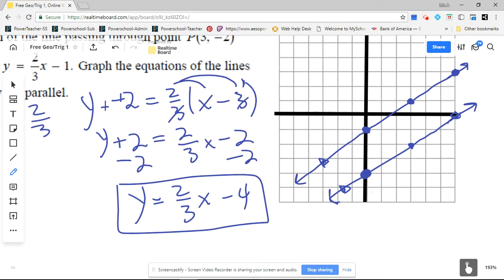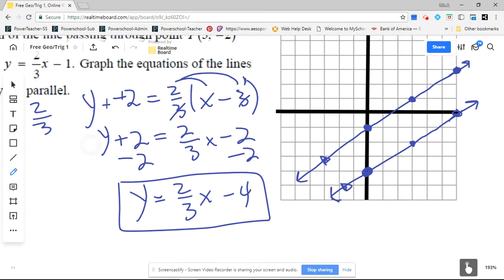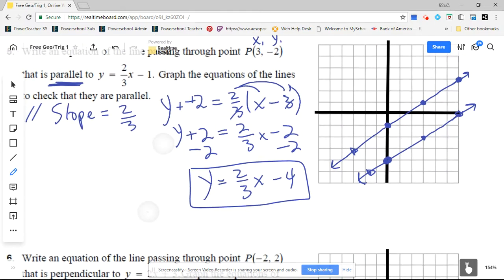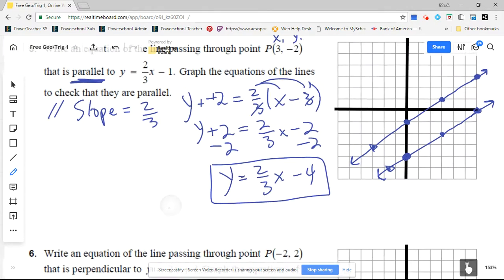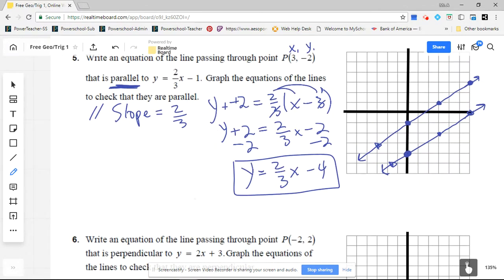They have the exact identical slope of 2/3. One touches at negative 1 on the y-axis, the other touches at negative 4 on the y-axis. But they are definitely parallel because they have the exact same slope. Rise 2, run 3. They're both rising 2 and running 3.